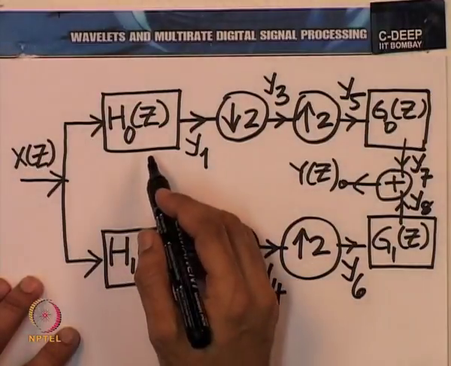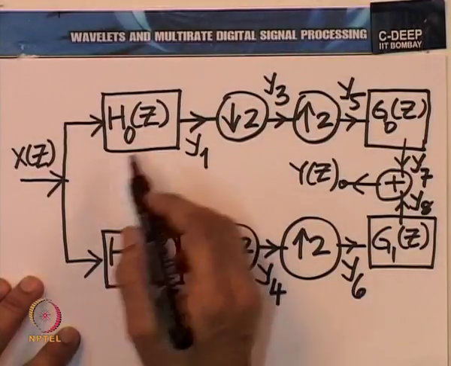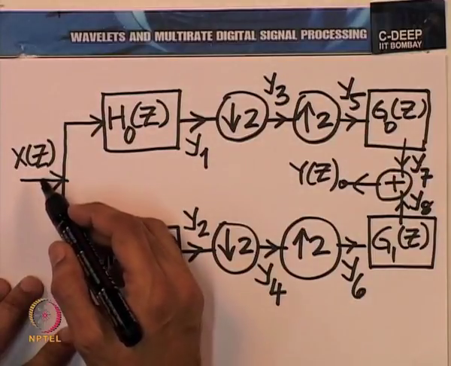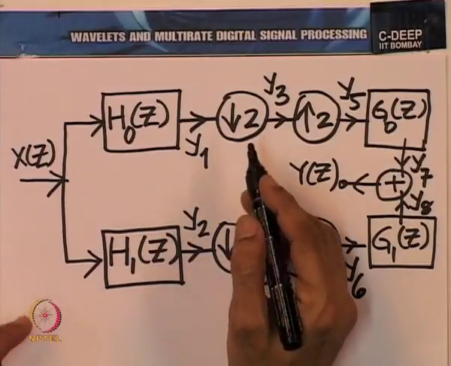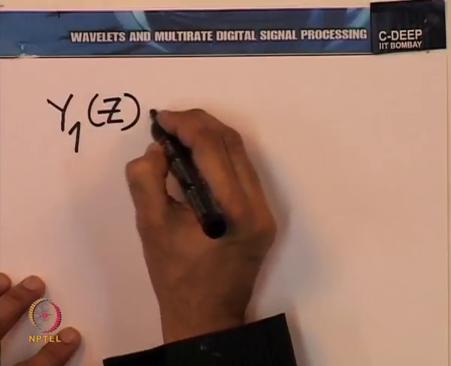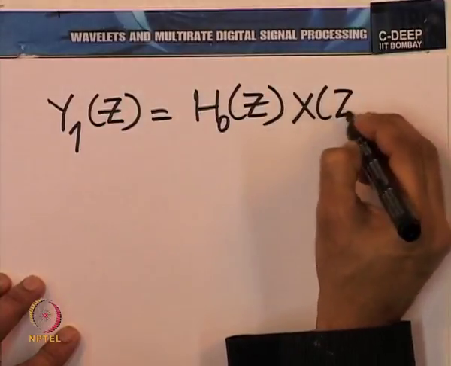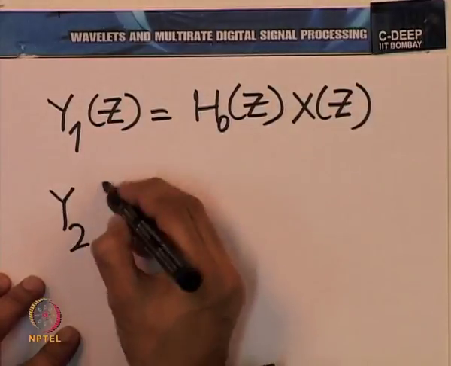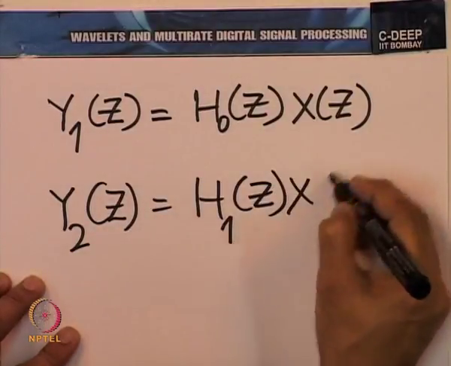When we filter with a filter of system function h 0 z, the effect is to multiply the Z transform of the input by the system function of the filter to produce the Z transform of the output. And therefore, y1z and y2z are easy. y1z is h0z xz, y2z is h1z xz.